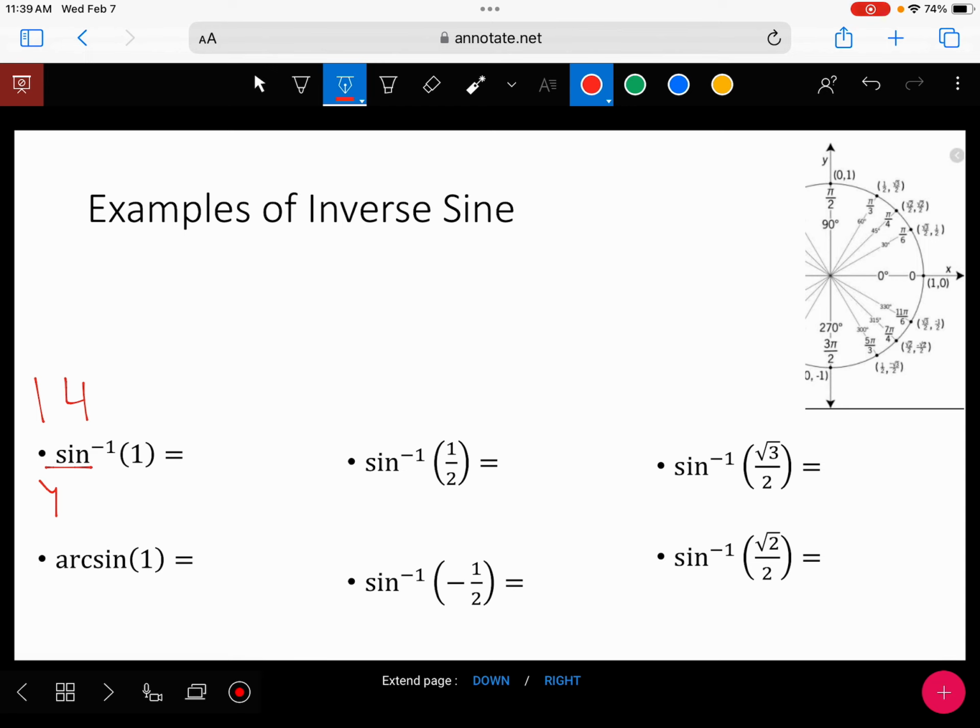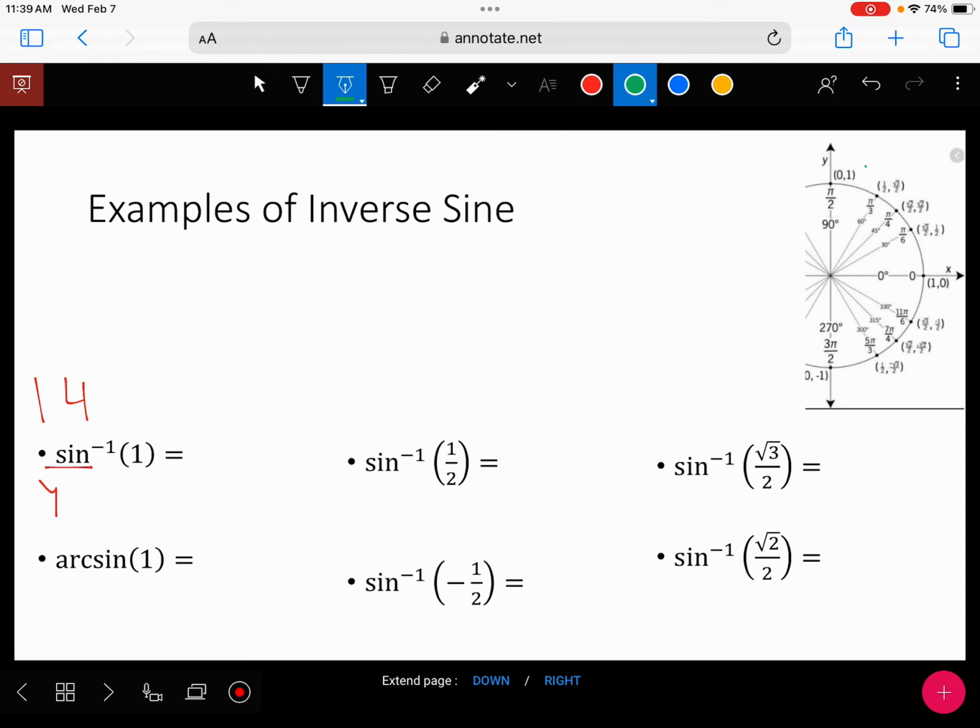So then I take out my unit circle. I cover up quadrants 2 and 3, and I only look at quadrants 1 and 4. Inverse sine, what's inside the parentheses, is going to be the y coordinate we're looking for. Here we see that y coordinate is 1. So we have to look and see where do we have the y coordinate of 1.